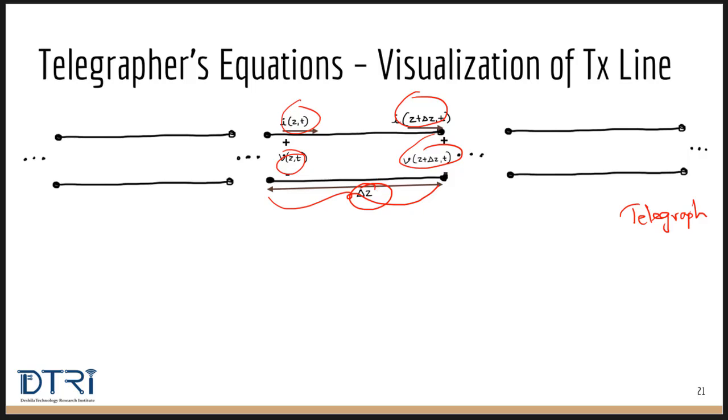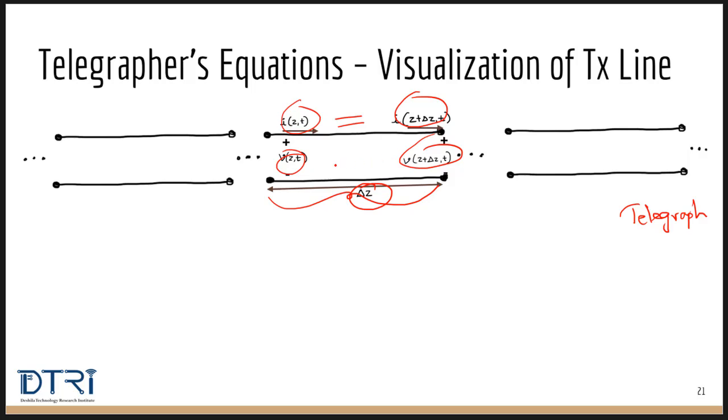If we were doing DC or low frequency circuit analysis, since wavelength is very long, I(z,t) would be equal to I(z+delta z, t).